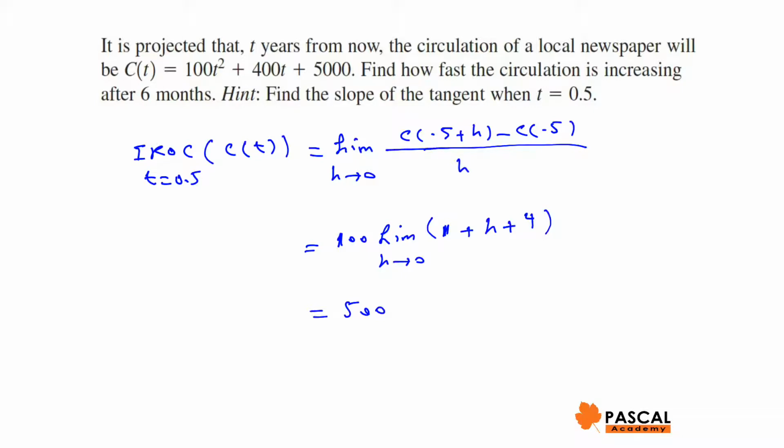Therefore, the circulation is increasing at the rate of 500 papers per year at t equals 6 months, which is half a year.